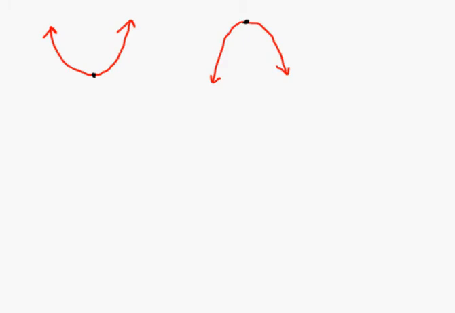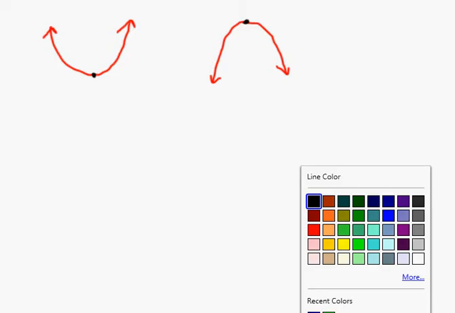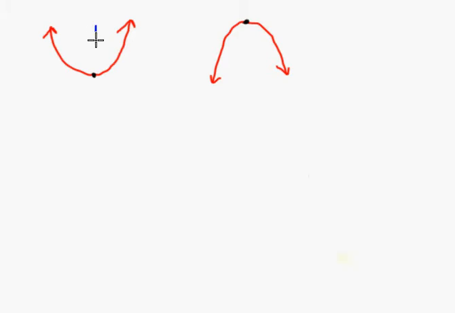And then the final part is an imaginary vertical dotted line that passes right through the vertex. This imaginary dotted vertical line is called the axis or line of symmetry.